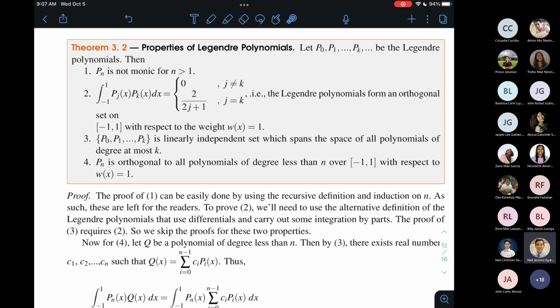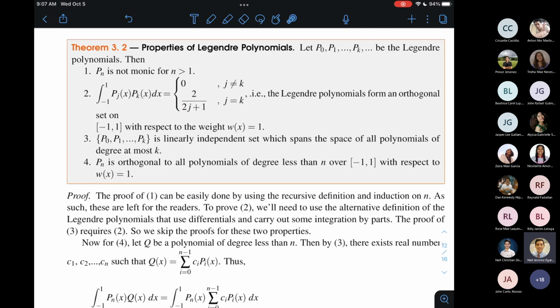Tapos number 2 is about the orthogonality of the Legendre polynomials over the interval -1 to 1. Because basically, this is telling us that the integral ng product ng dalawang Legendre polynomials over the interval -1 to 1 is either 0 pag magkaibang Legendre polynomial yung pinag-multiply ko. Tapos kapag kaparehas sila, yung integral nila ay 2 over (2j plus 1).